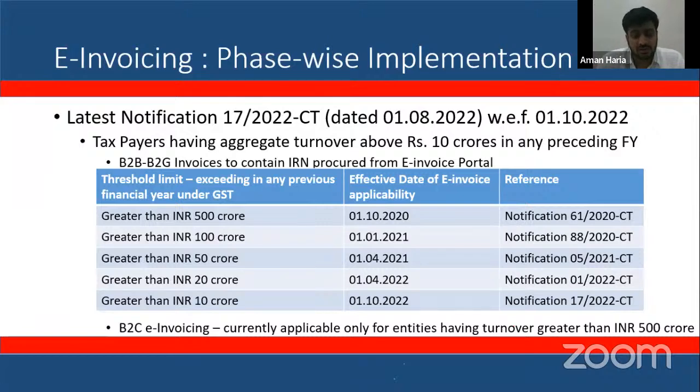I'll talk about what B2C involves in a few minutes, but just to make it very clear, this 10 crore and above limit is for B2B and B2G invoices. So whatever we discuss today will be applicable for tax invoices issued to another registered person, who could be either a business entity or a government entity that also has a GSTIN.